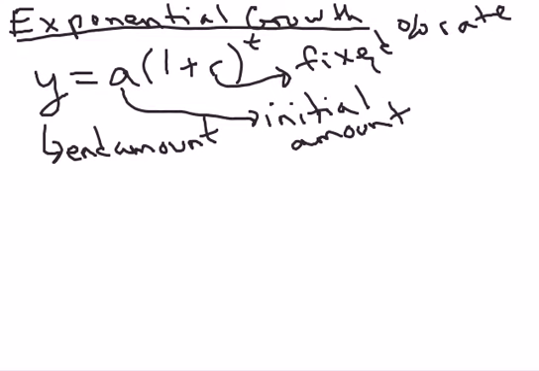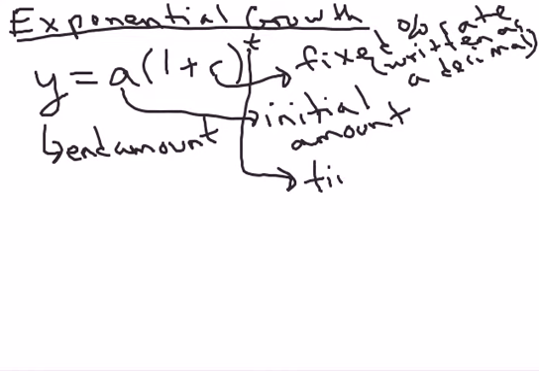Okay, and I'm going to say that it is written as a decimal. So we got to keep that in mind, when you have the percentage, you actually write it as a decimal, and then T obviously stands for time, which is usually in years. Okay, it doesn't have to be in years, but it can be.